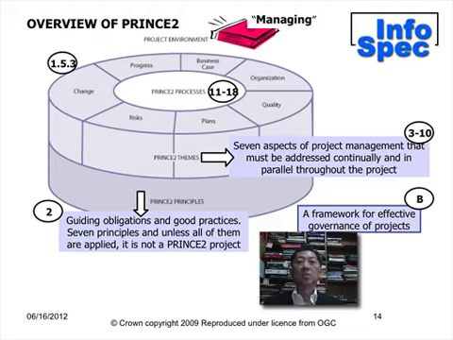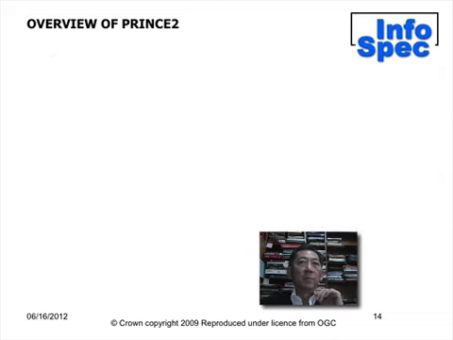So if you want to have your projects under good governance, remember we're not talking about specific individual techniques or skills, big and small, that a project manager needs to have. Of course, those things are important, but here in Prince2, the focus is very much on proper governance of the project.